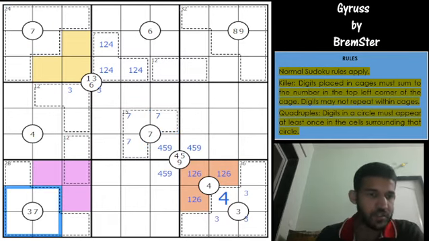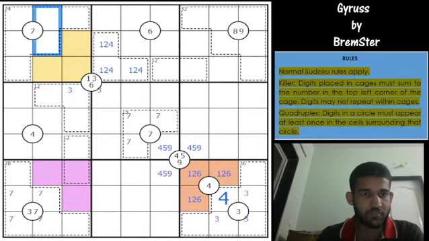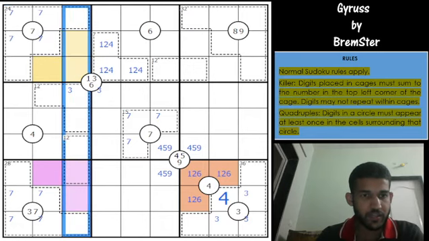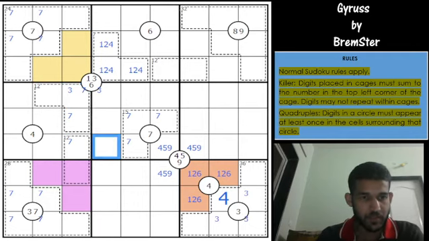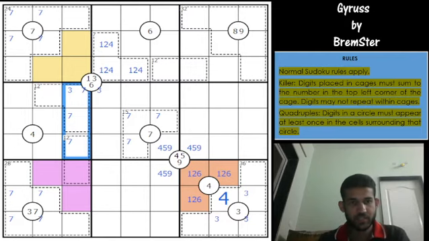So 7 is in these 4 cells and 7 is in these 4 cells in box 1, right? Which means the 7 in column 3 has only 3 options left. It would have to go in these 3 cells. But it doesn't seem to be very useful here. Can we do something of that sort? 7, 6, 8, 9. Okay, I don't think it's helping here.